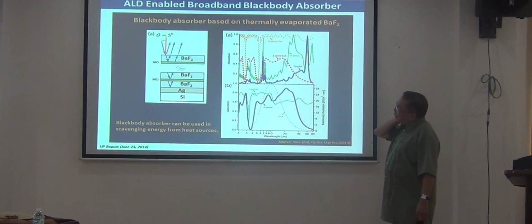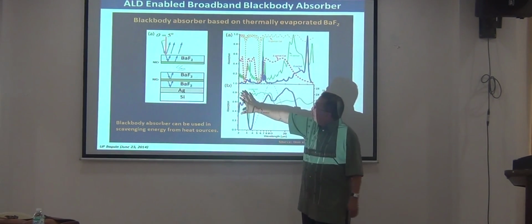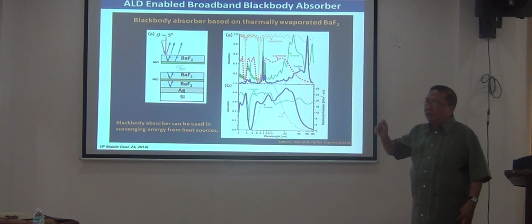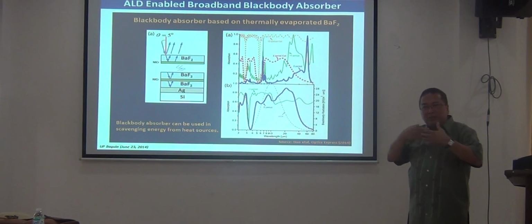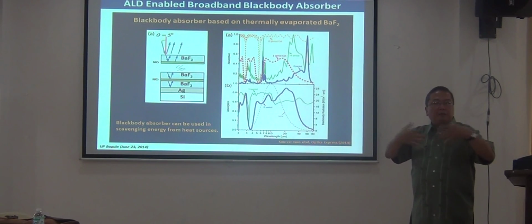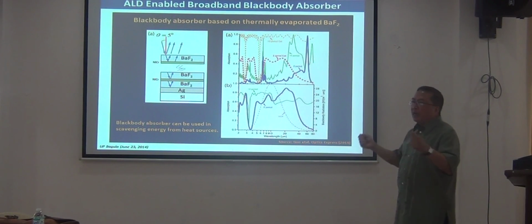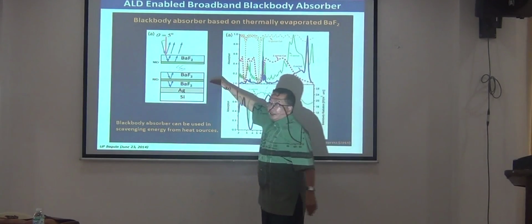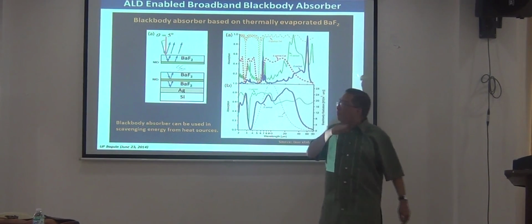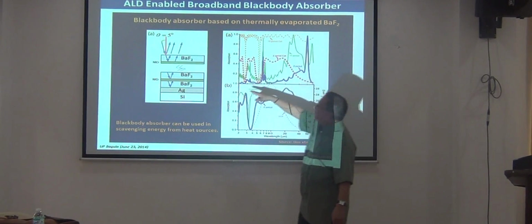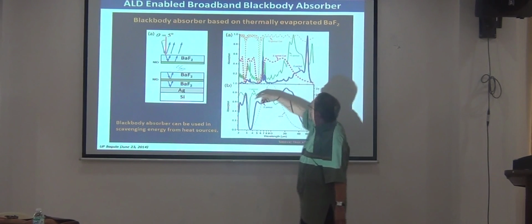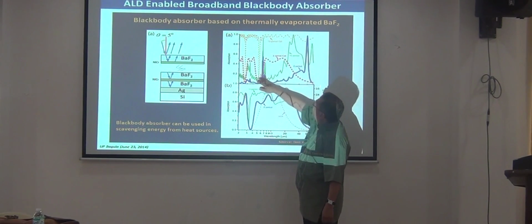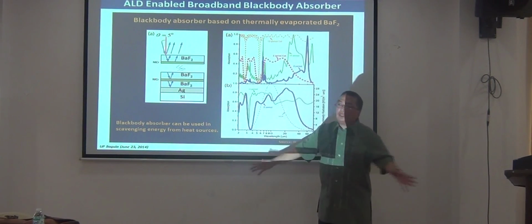Well, the problem is that when we made this structure, we didn't use ALD. It was just ordinary thermal evaporation. It turns out that the roughness of these layers is critical, because if you have a very rough surface on the order of the wavelength of the photons, then the coherence is lost, and that's why you don't see what you expect to see.